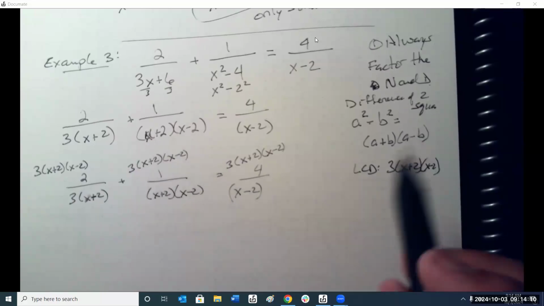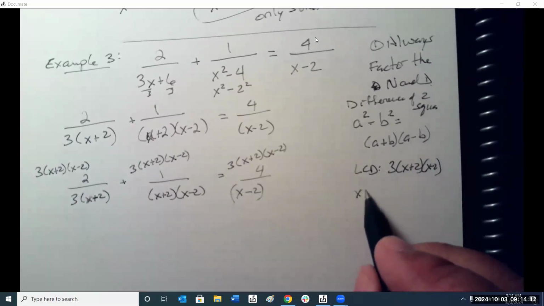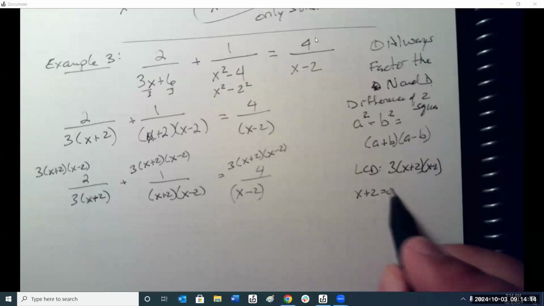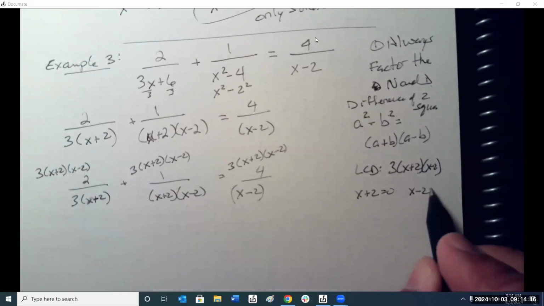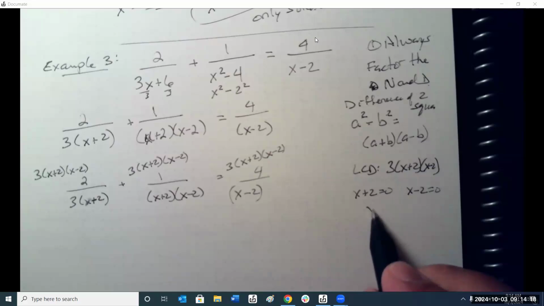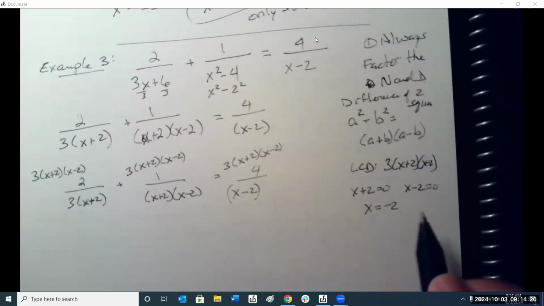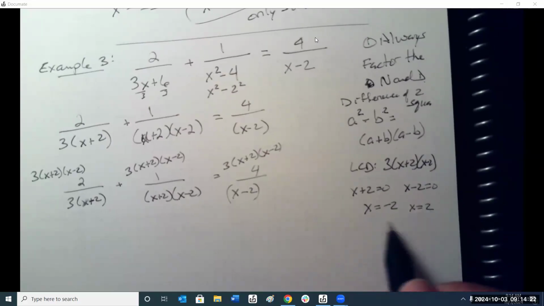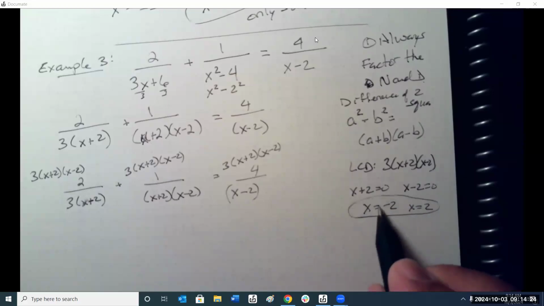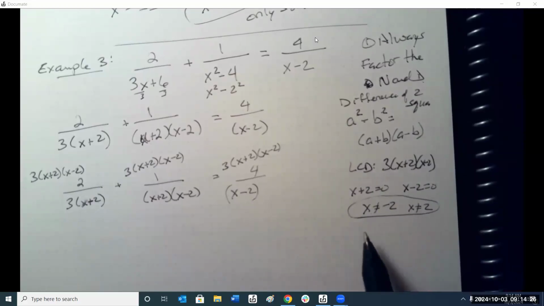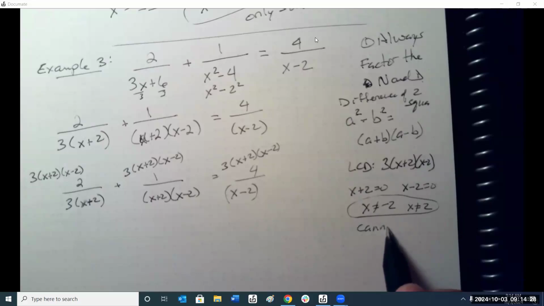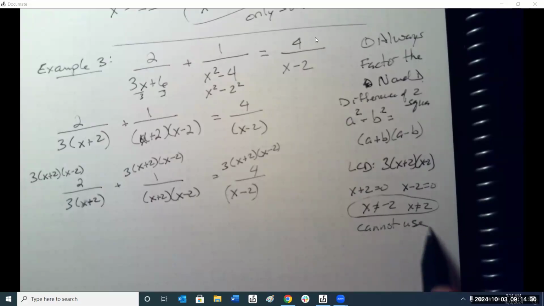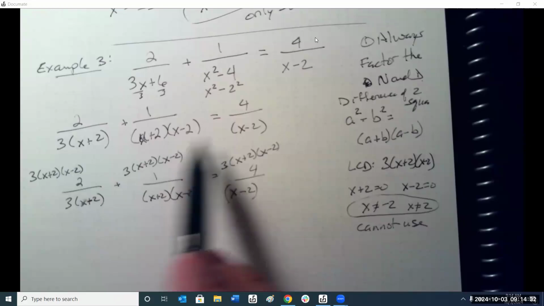Also, note we have 2 equations. We have x plus 2, set that equals 0, x minus 2, set that equals 0. So x equals negative 2, x equals positive 2. These are the x values I cannot use because it'll make the bottom 0.